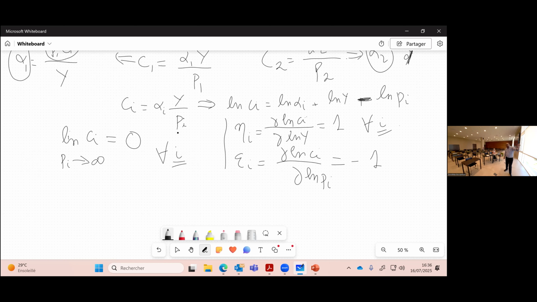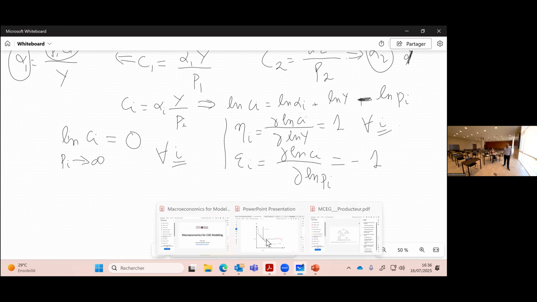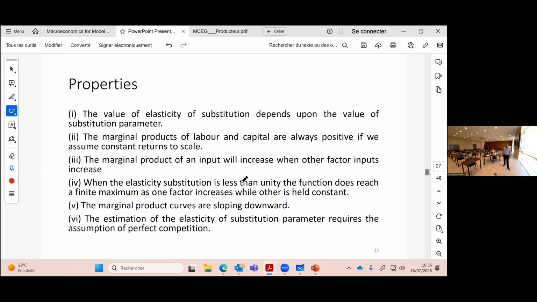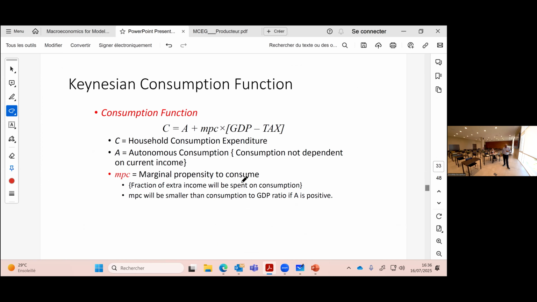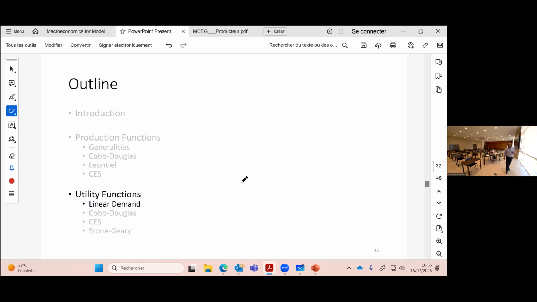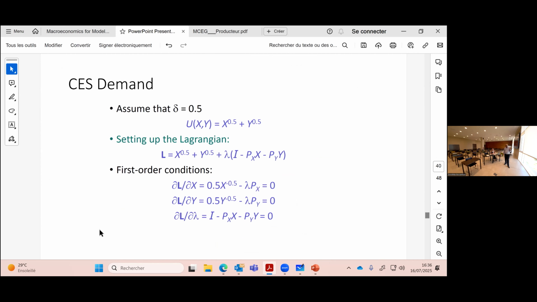This is the one generally used, but we have another specification, what we know as the Stone-Geary specification.